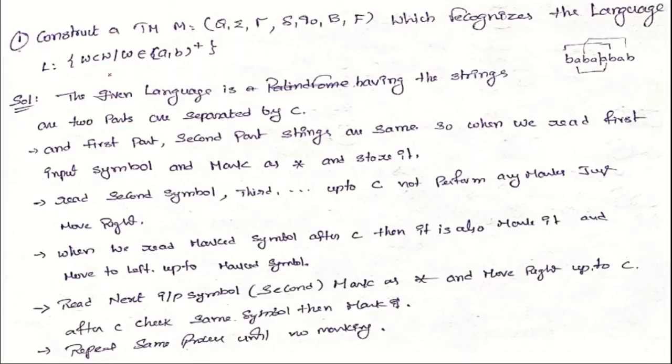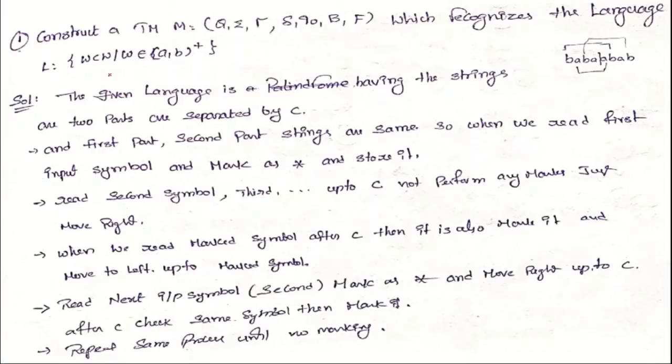To summarize, we read the first symbol of the first part of the string, copy it into memory, and move right until we get the same symbol after C. Here C is the separator between the first part and second part of the string. After C, if the symbol matches the copied input symbol, we mark that symbol with an external symbol, which may be star or anything, and move back.